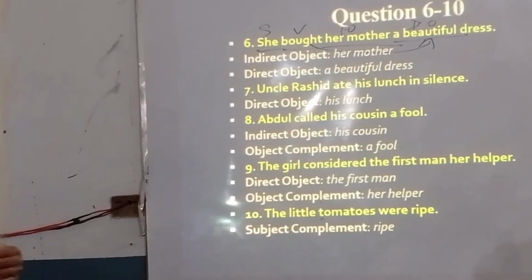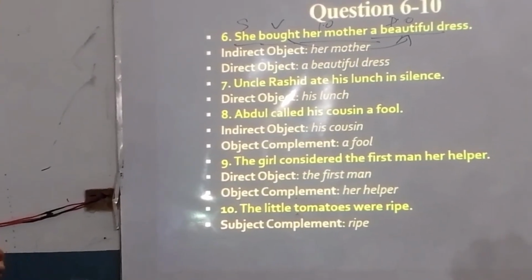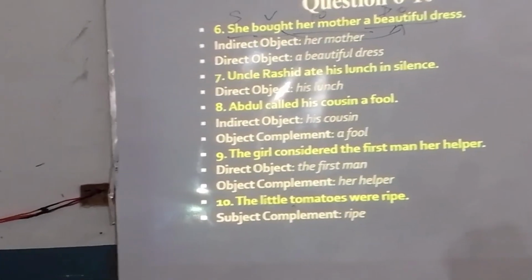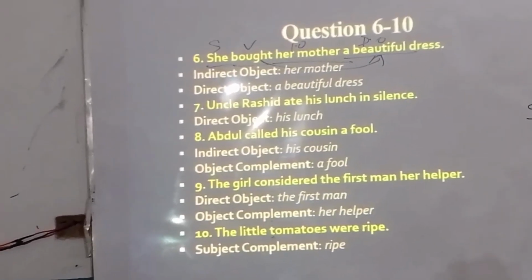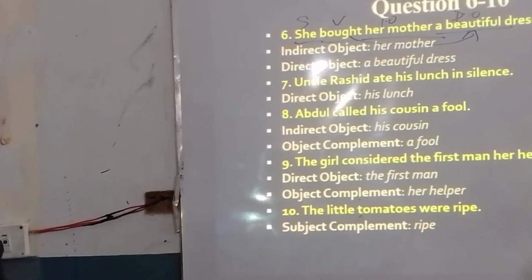Clear? The action of buying started the moment she bought the dress. Clear? And then it affected her mother. That's the reason her mother is indirect object.